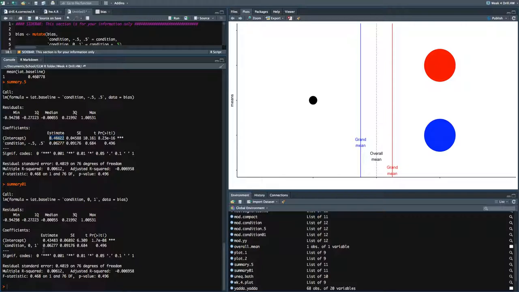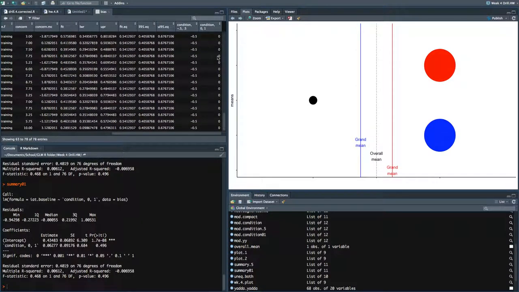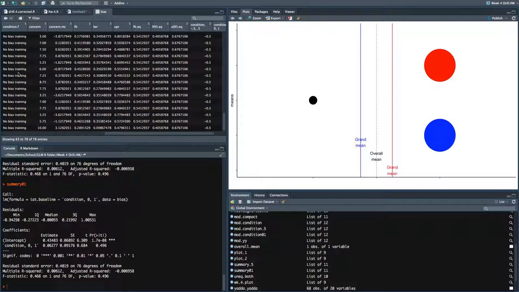Down here, however, where we have the groups coded as 0 and 1, our intercept is the estimate for when condition is set to 0, which in this case is a group set to 0. So if we look at our bias data frame, we see condition equals 0 for the no bias training condition.